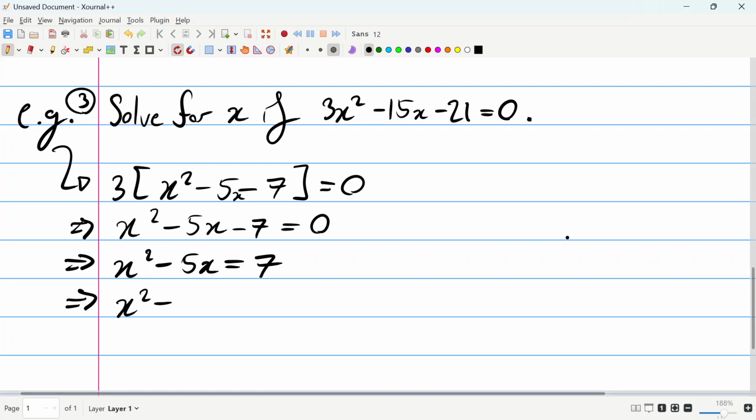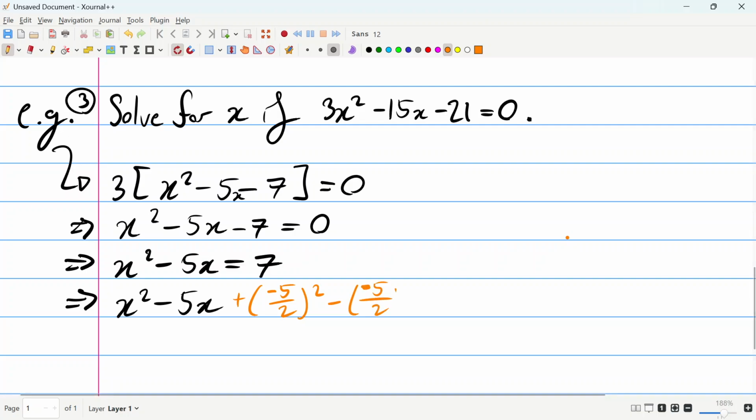x squared minus 5x, and then we're going to add, remember what to do? It's going to be b over 2 squared. So it's going to be negative 5 over 2 squared, because b is negative 5, the coefficient of x. Then we're going to subtract the exact same thing, negative 5 over 2 squared, on the other side, where we have 7.